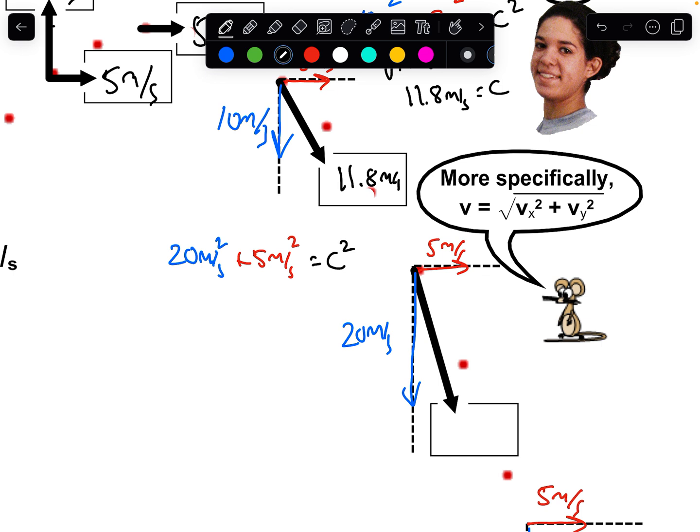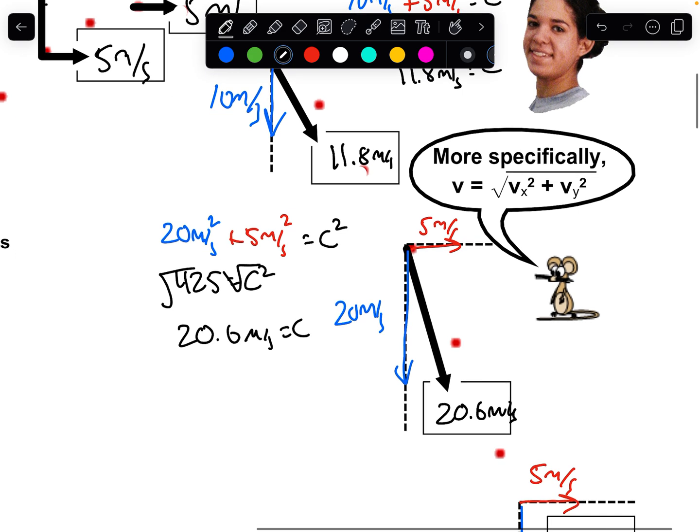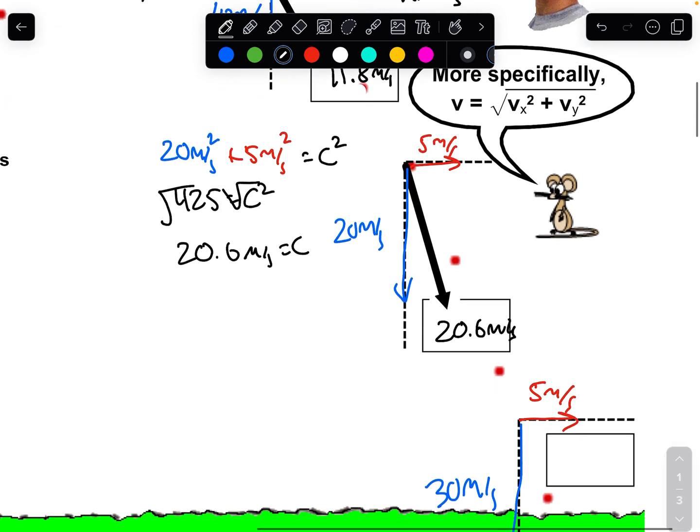So we got 425 equals C squared, root it. And we are looking at 20.6 meters per second equals C. So again, a little bit faster, moving down and right. And gravity is speeding us up as we go downward.